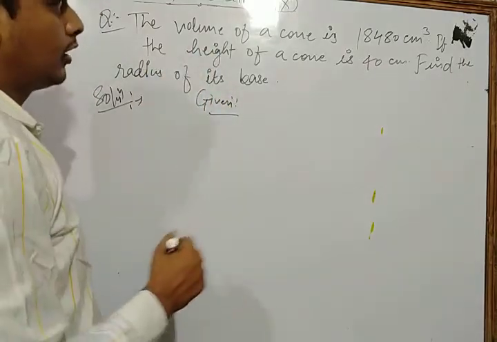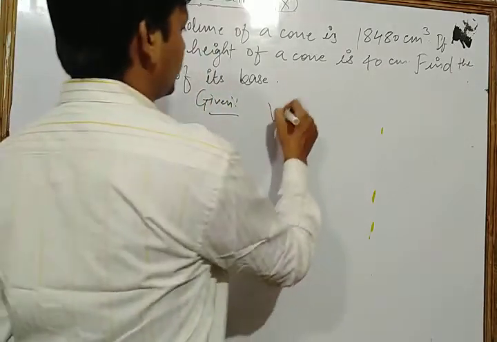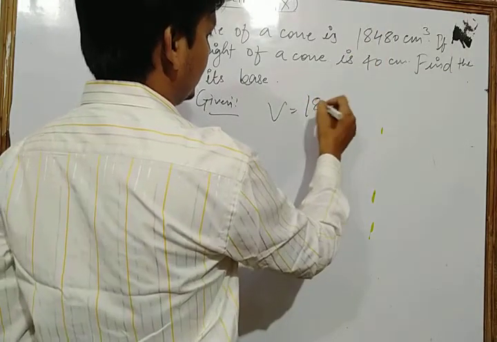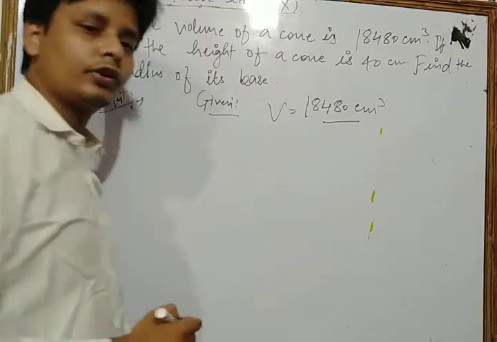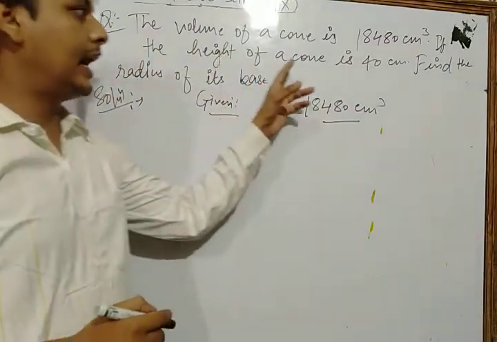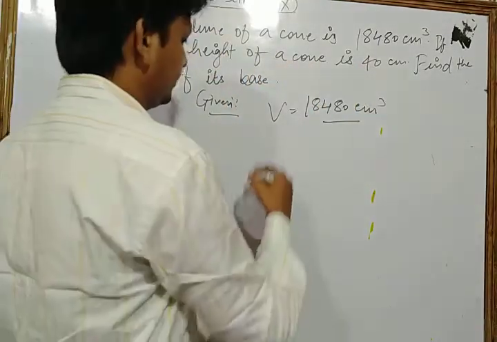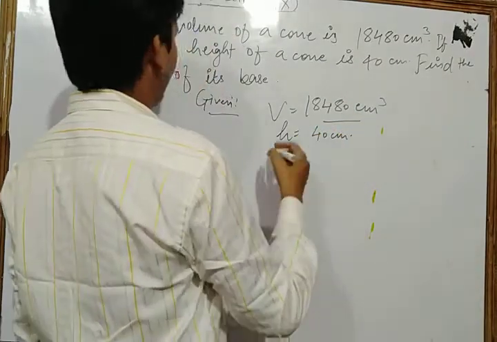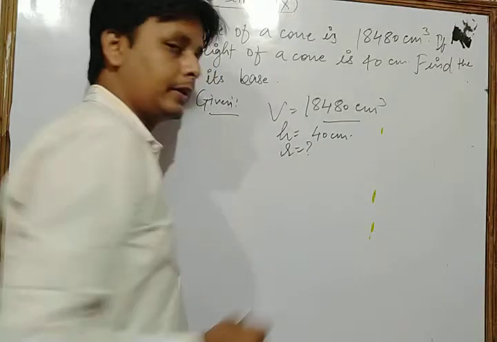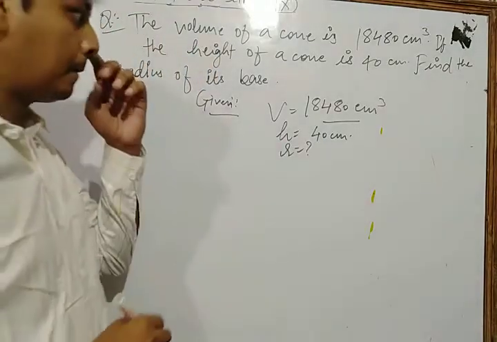In this question, the volume of a cone is given. So volume of the cone is 18,480 centimeter cube, and the height of the cone is 40 centimeter, and we have to find the radius of its base.